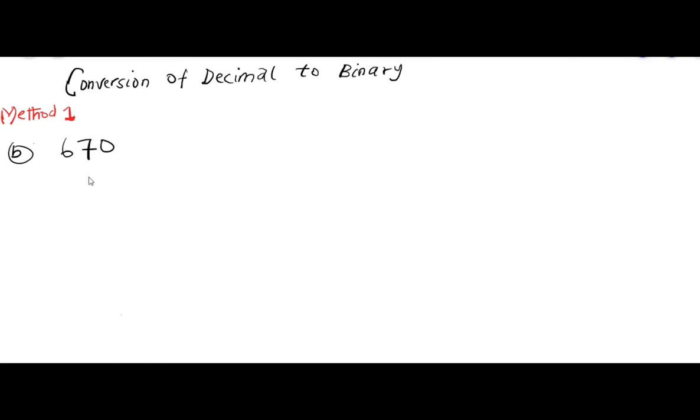Alright, so what we are going to do is split this 670 into numbers that can easily be represented using binary. Okay, so let's start.